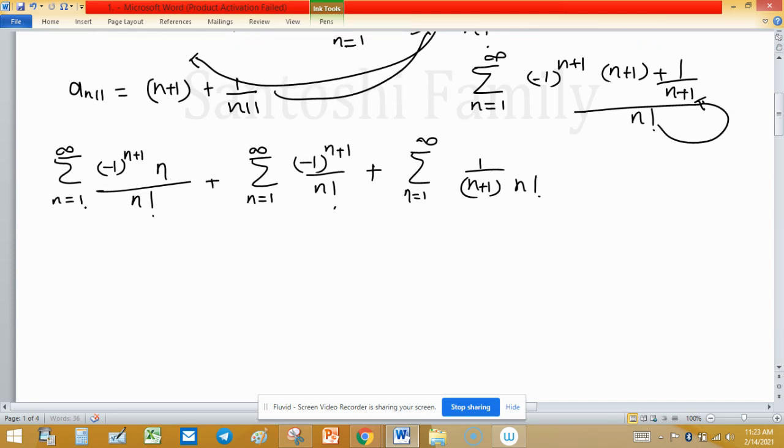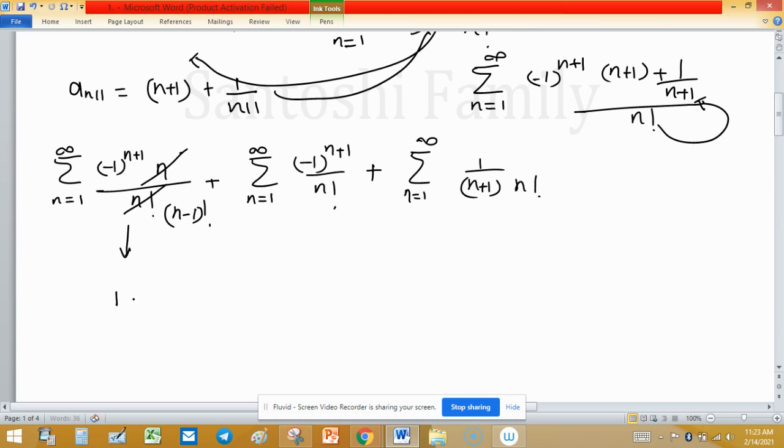Now put the values of n. For the first one, you can cancel out n, and it will become n minus 1 factorial. Now put the value of n. When n equal to 1, then 0 factorial is also 1.